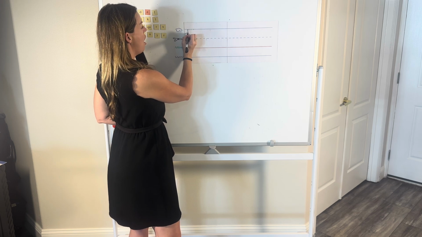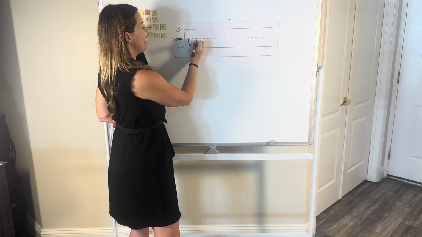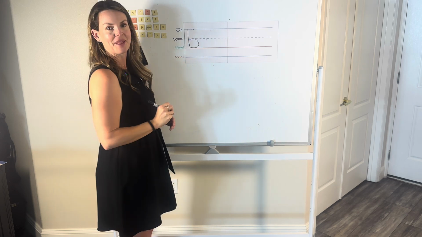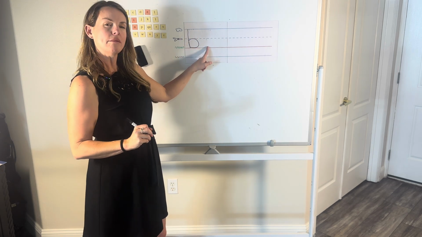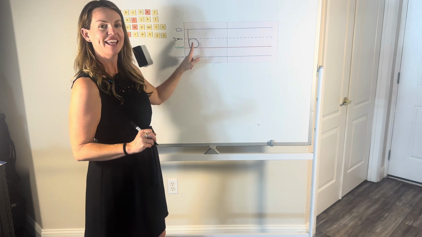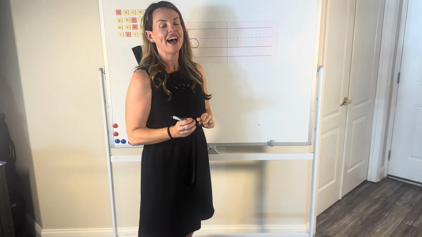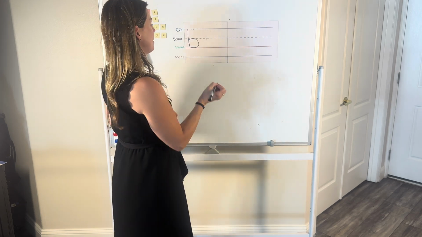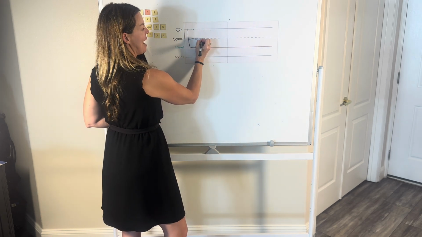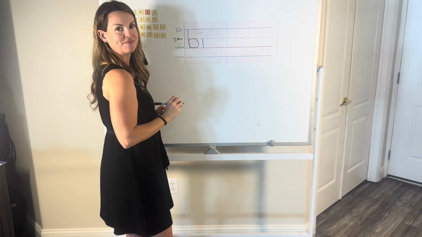It comes all the way down to the grass, then curves around. What was the middle sound that we heard in the word bid? I. What letter spells I? I starts on the plain line and it comes down to the grass. Then we give it a dot.